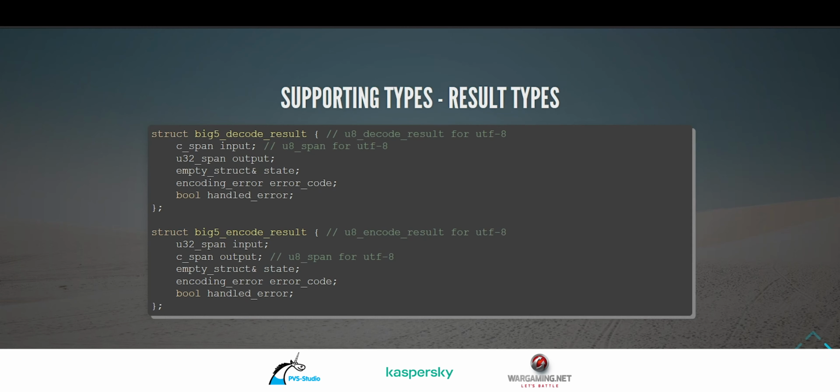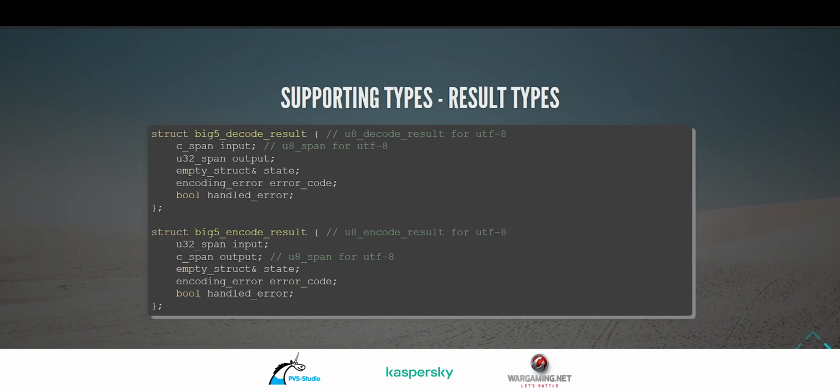The state variable is just a reference to the state. That contains any shift states or anything else that you have. In this case, just an empty struct. We have the encoding error, which is just the error code that tells us what went wrong, if something did go wrong. And we also have this boolean for whether or not we handled an error. This is important for cases like when we insert replacement characters.